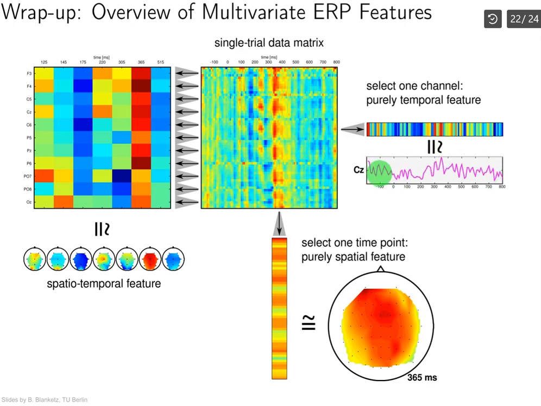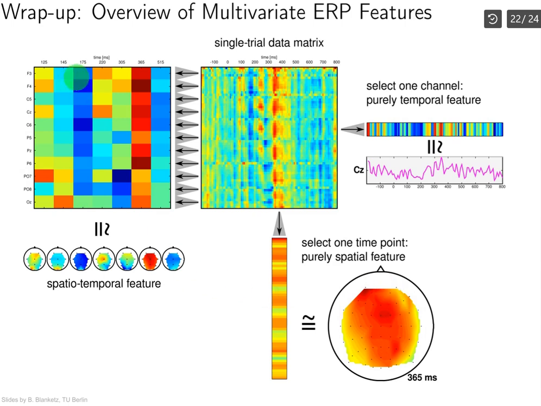Visualize it like that. How about the spatial feature? If you select one time point across several channels, we said this will represent the spatial feature at that time point. We can visualize it in space. This is time, this is space.